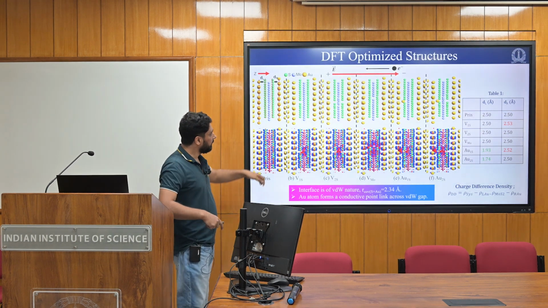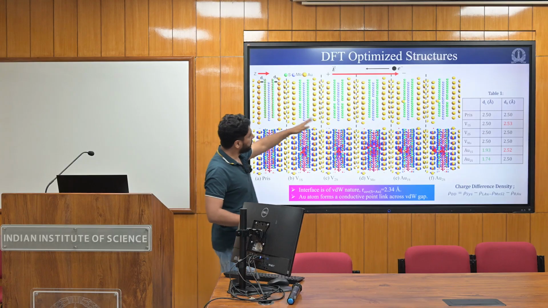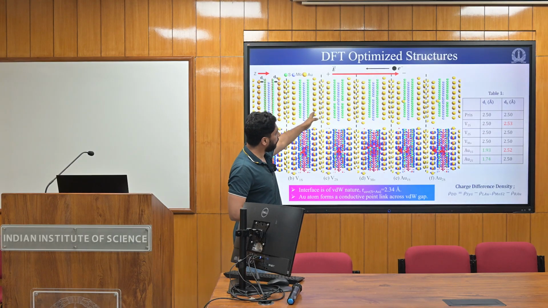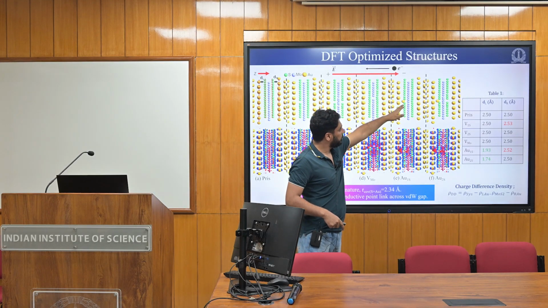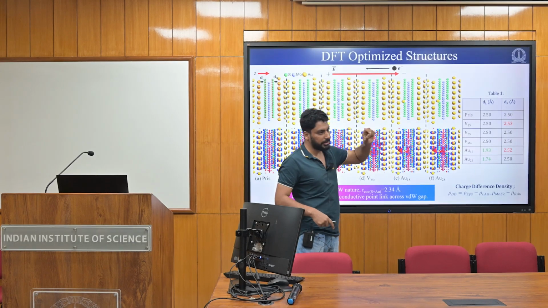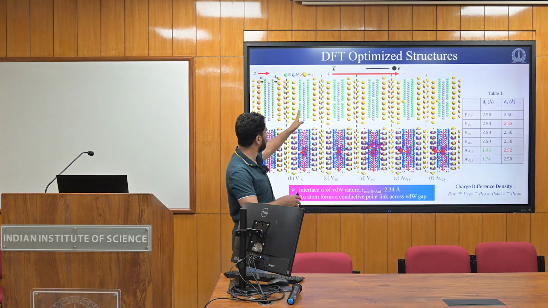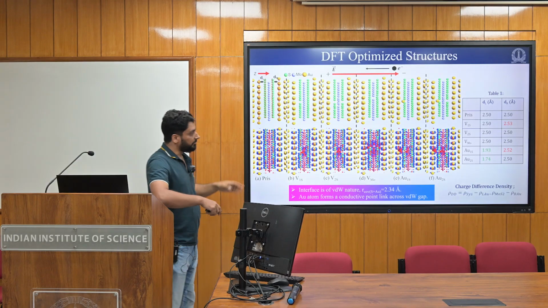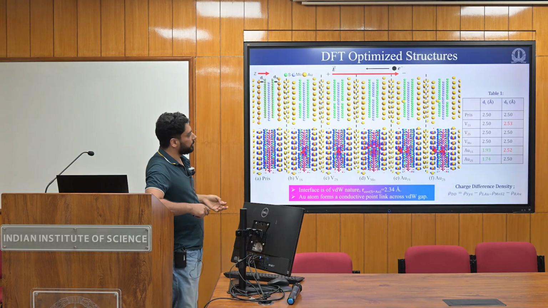So it shows that in the first 4 cases, the nature is still van der Waal, but when this happens, there is a formation of a conductive point link between the MoS2 and the gold. And we will see how it impacts the resistance switching.